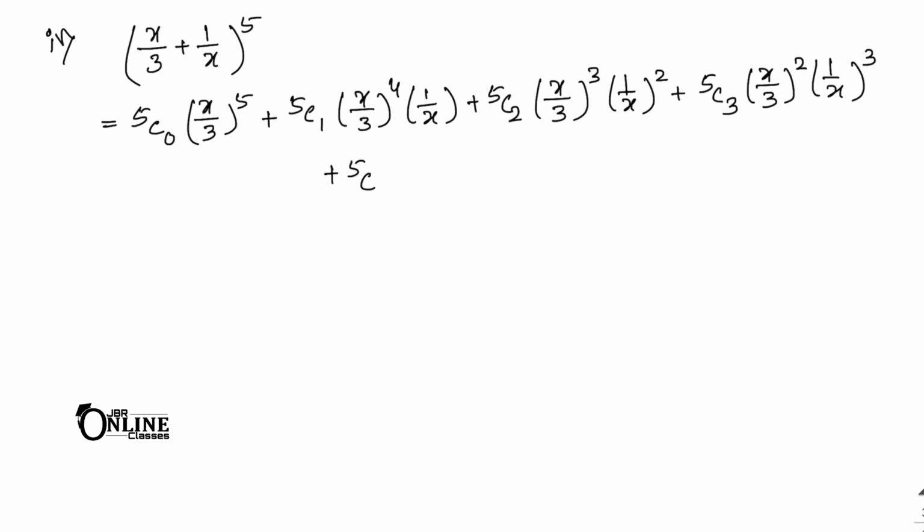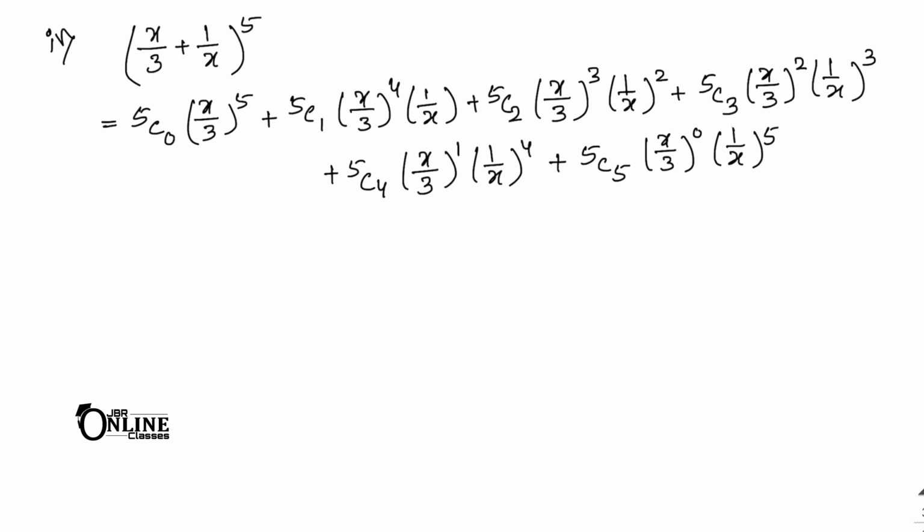After that 5c4, then x by 3 power 1, here 1 by x whole to the power 4. Now the last one 5c5, x by 3 whole to the power 0, 1 by x whole to the power 5. So 5c0, you know that is 1, and here x to the power 5, and that equals 243.